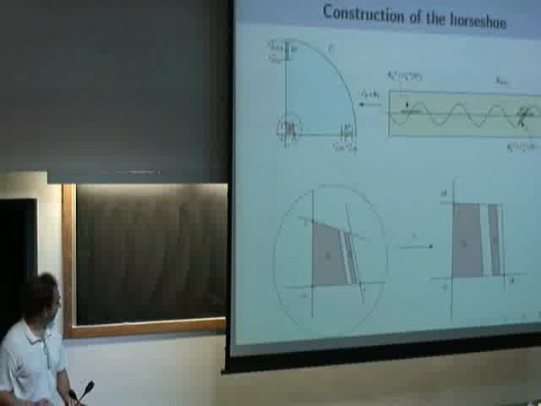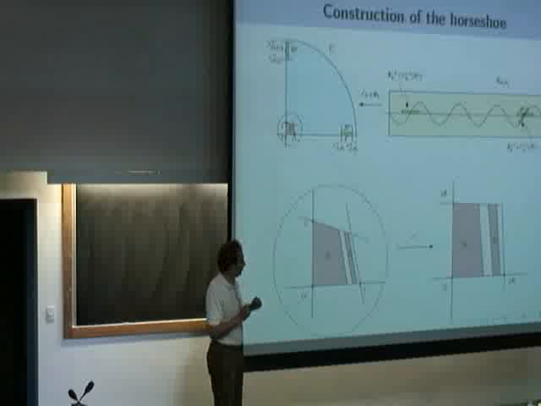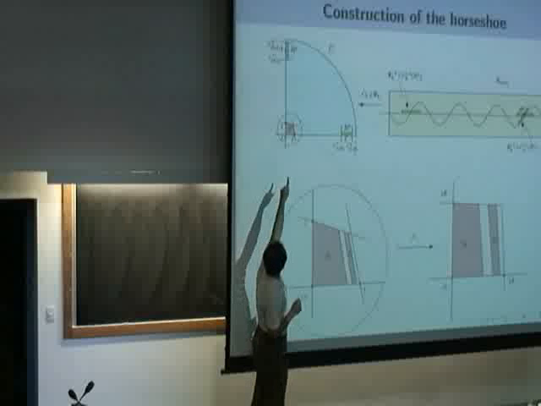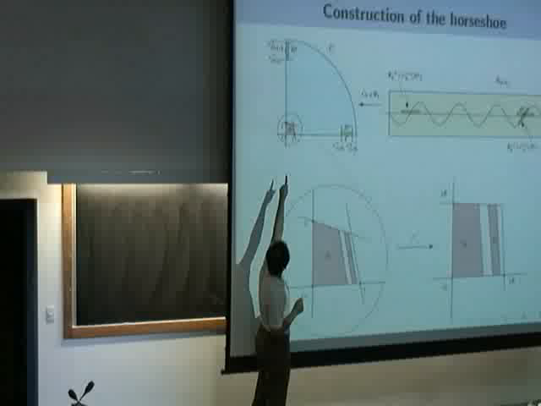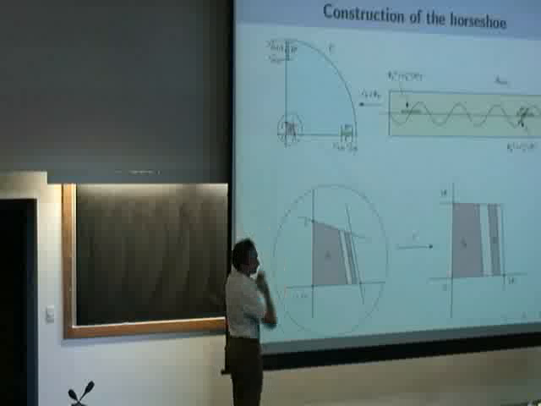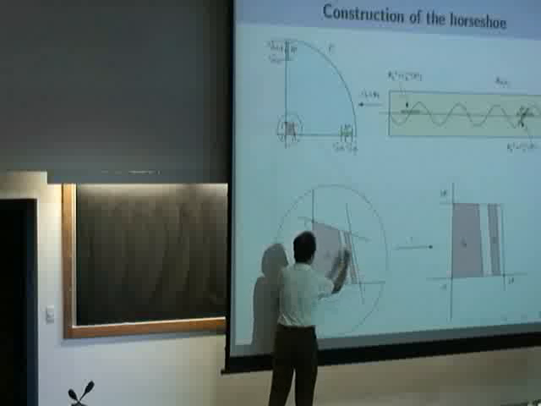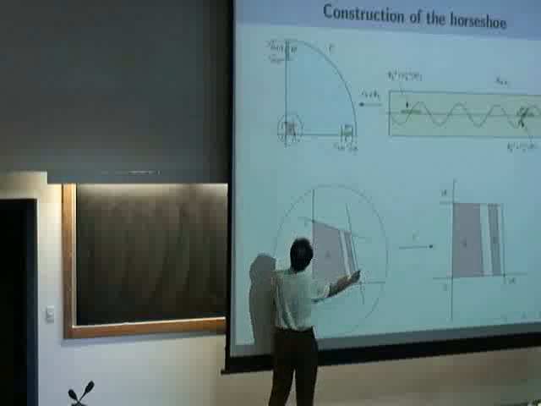If you do that, it turns out that you can construct the following family of horseshoes. Let's take a small rectangle as in this picture. This is just a microscope. Then let's consider the first return map on that rectangle. First of all, the image of that is going to be here, just after the very first transformation.